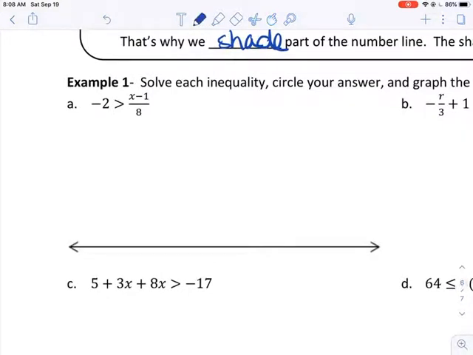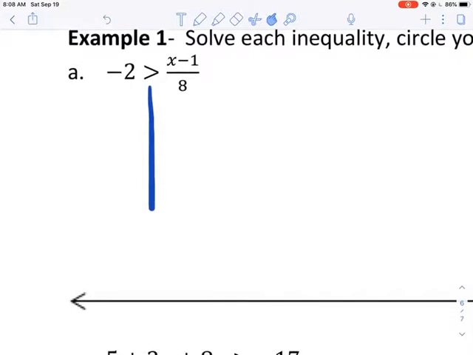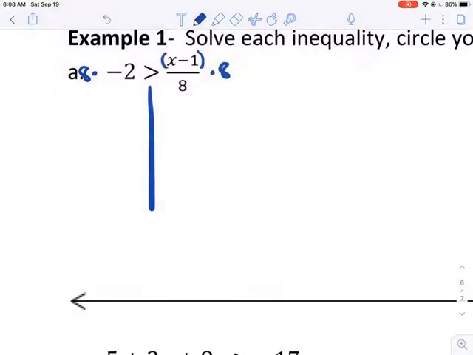Here's the first one. Just like solving an equation, I'm going to draw a line by my inequality symbol. These may be a little harder to find than your equal sign because you're not used to them. Then I have in my fraction, remember that the fraction bar is like a set of parentheses. So I'm going to undo what's outside the parentheses by multiplying by 8 on both sides. Let me change my pen size.